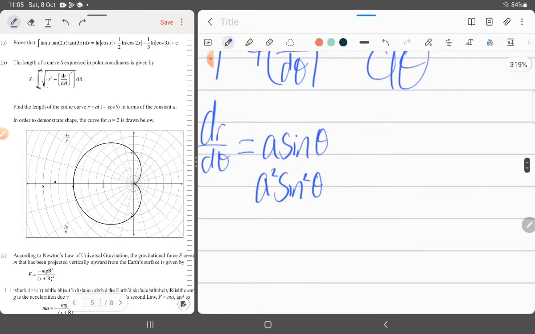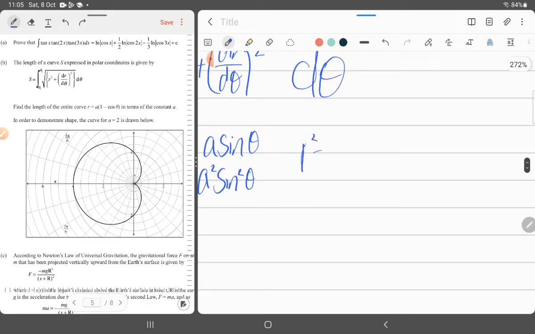And then r squared is equal to a squared take away 2a cosine theta plus a squared cosine squared theta.